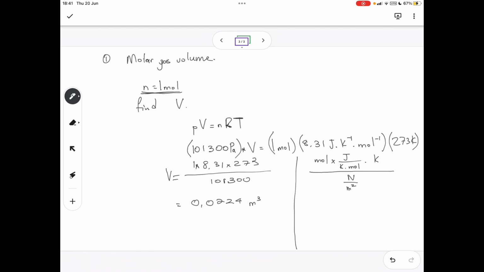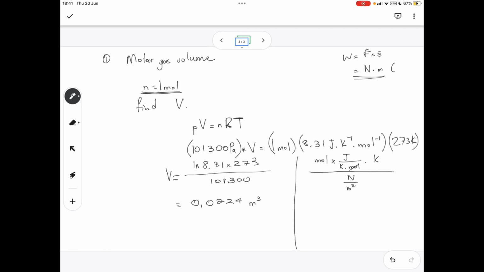Where could it be? Okay, the units for joules: work is force times distance. That is Newton. Yes, okay, cool.